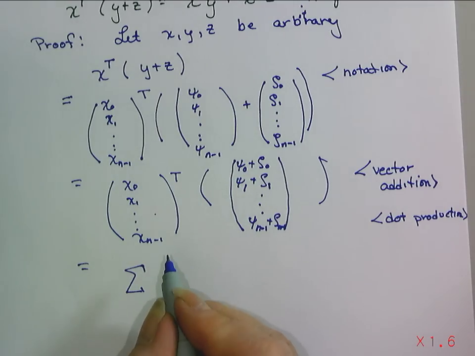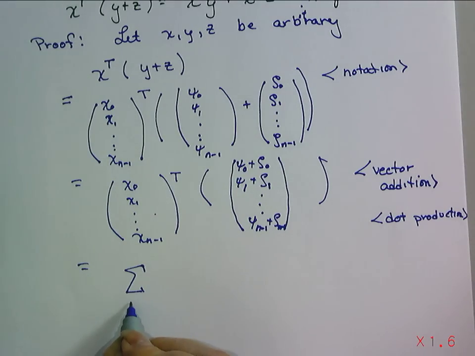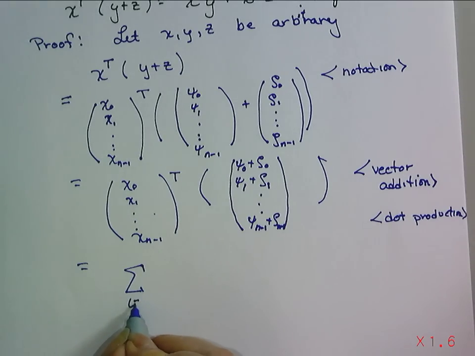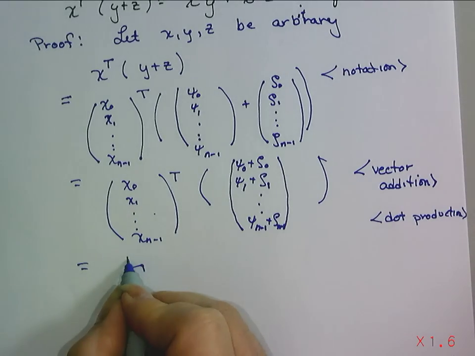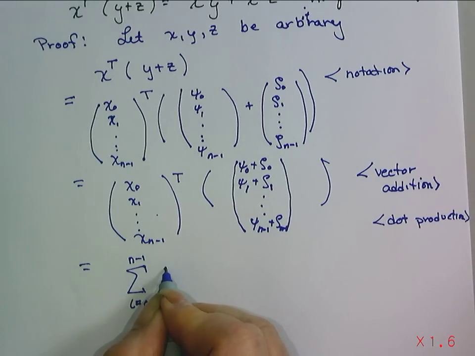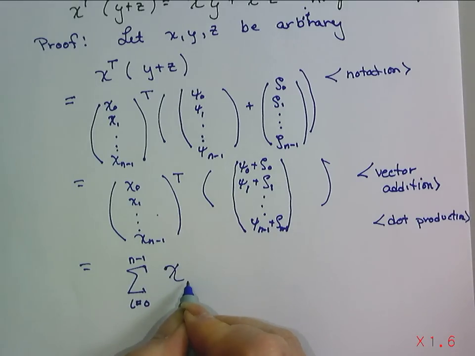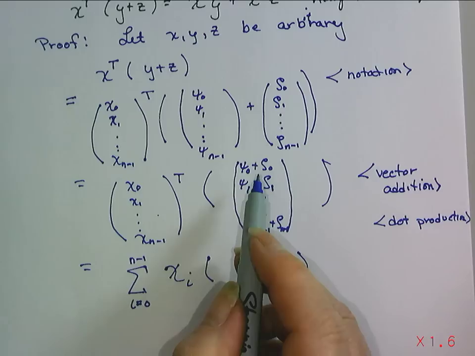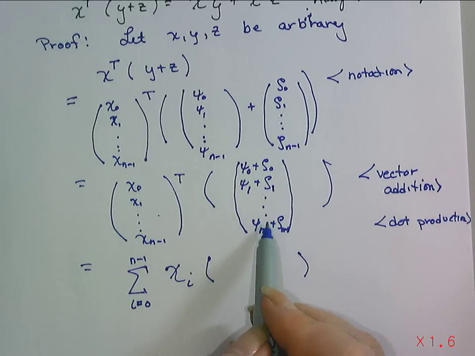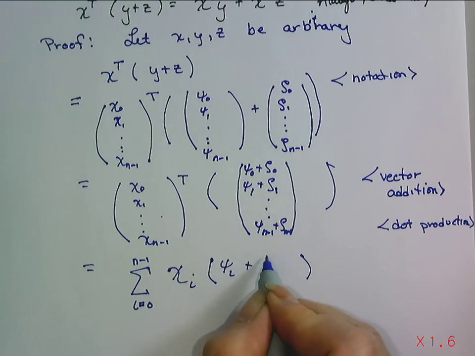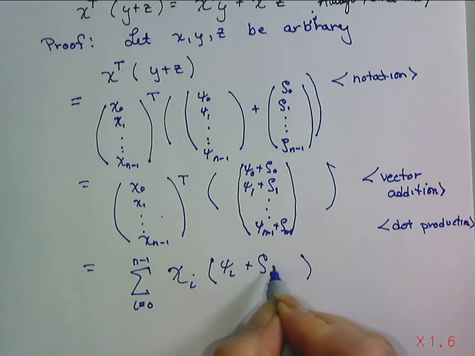So what we would do is, for each one of the components, I'll call this I from 0 to n minus 1, we will take the component in x, we'll call chi sub I, and multiply it by the corresponding component in the result of our sum, which would be psi sub I plus zeta sub I.